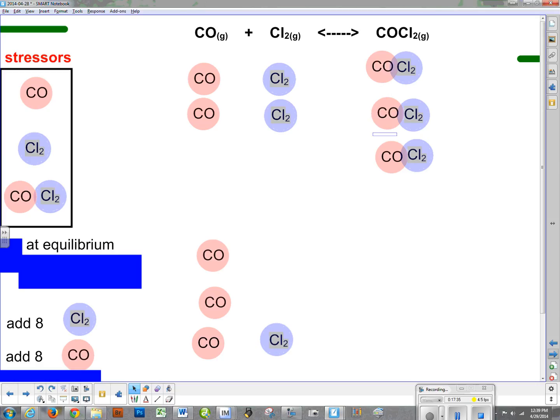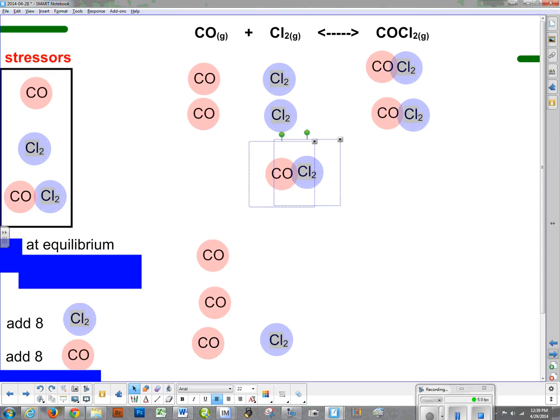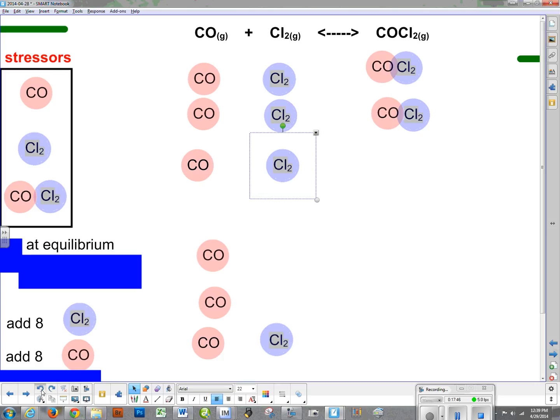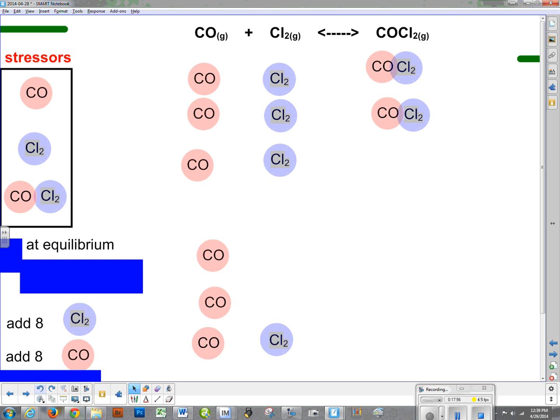He has to take this guy right here and break him apart. Okay, we're going to break him apart. And now we're going to establish, and let's get that back together. And here, there, okay. And now we've got a new equilibrium. We are at equilibrium now.